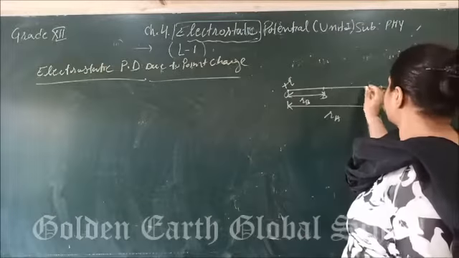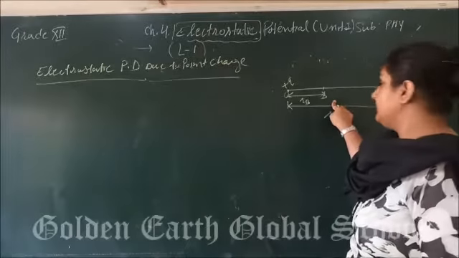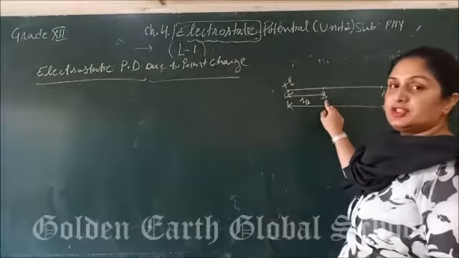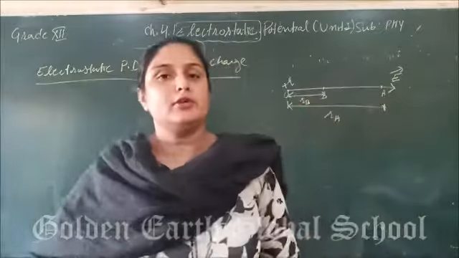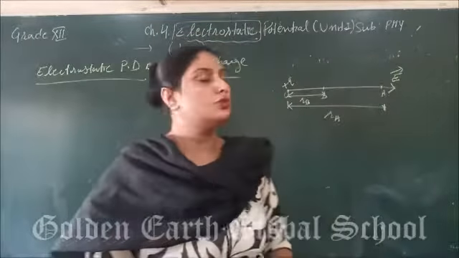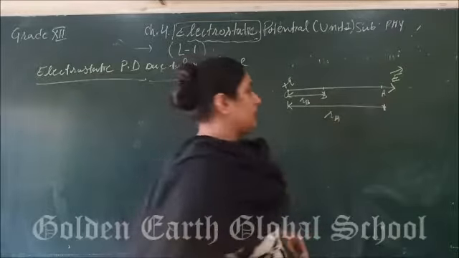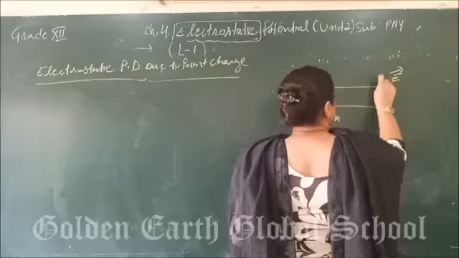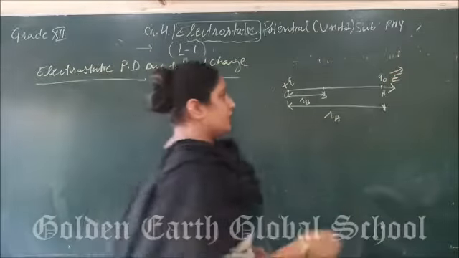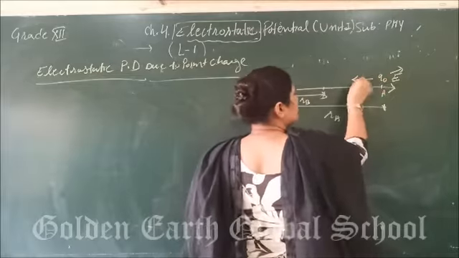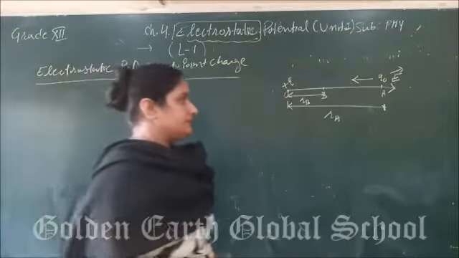Now next we have to calculate the potential difference between the point A and B. To calculate it, we have to calculate the work done to move the charge Q naught against the direction of the electric field. Now if I have placed the charge Q naught at point A, against the direction of the electric field, means we have to move the charge Q naught towards the left hand side, from point A to B.